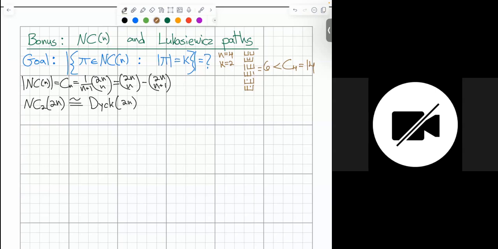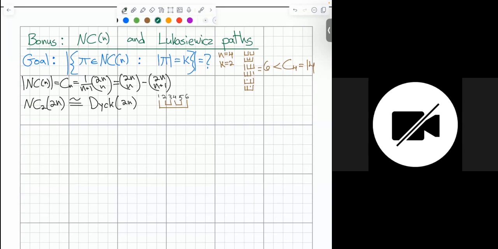So if we start with a non-crossing pairing of 6 elements, let's say, I want to translate this pairing with the numbers 1 through 6, and show how it is translated to a Dyck path.